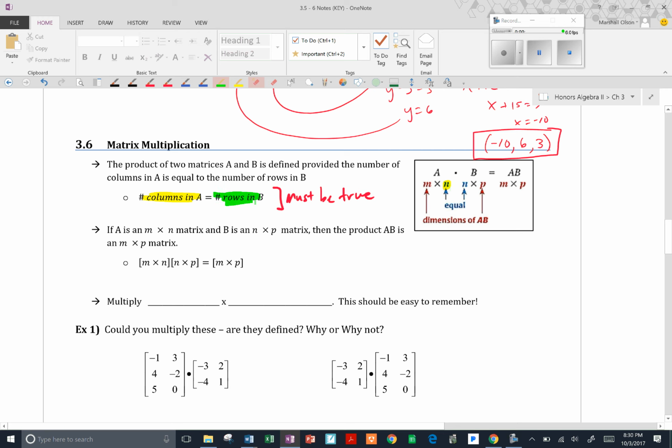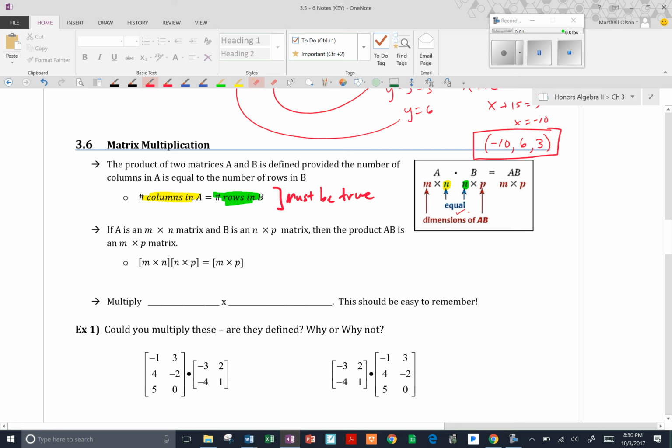The number of rows in B will be, when we name the rows, we always name rows first. So B has to have the same number of rows. I just highlighted that in green there. So when they're both the same number, in this case, they just call it n. When these are equal, then we can do the multiplication. So I'll just put a check mark right there. You can do it if they're equal.